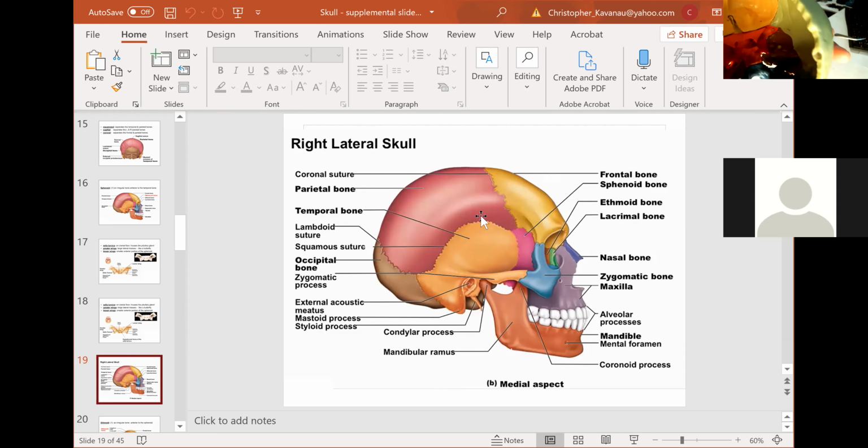And you can see in here the lesser wings, and symmetrically on the other side. So there's one lesser wing, and then the greater wings are down here. The greater wing and the lesser wing.